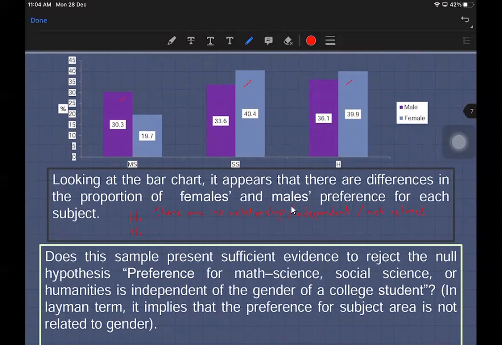Alternative would be there is a relationship between the two variables, or the two variables are dependent or related.